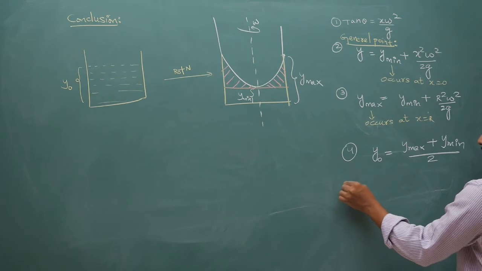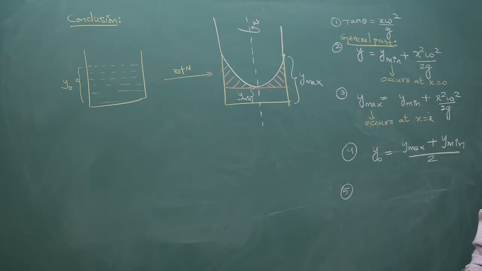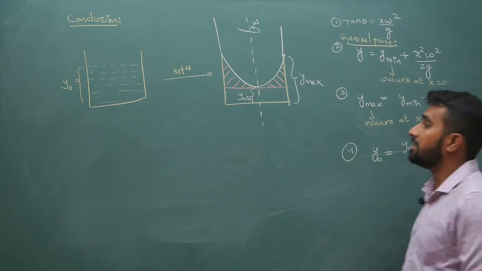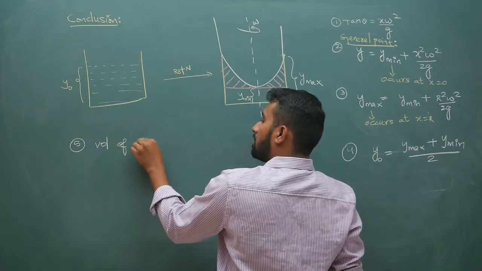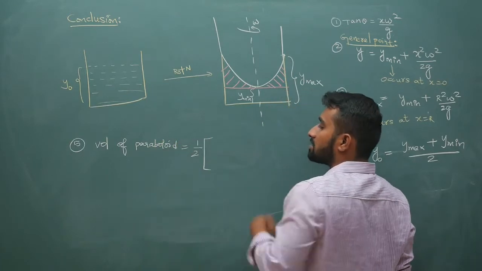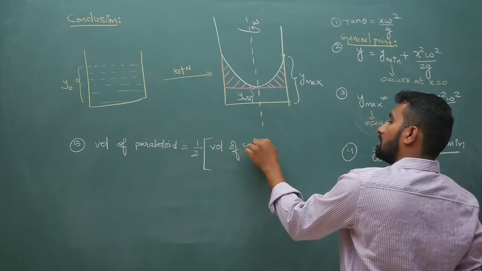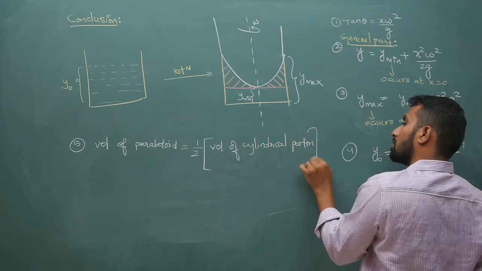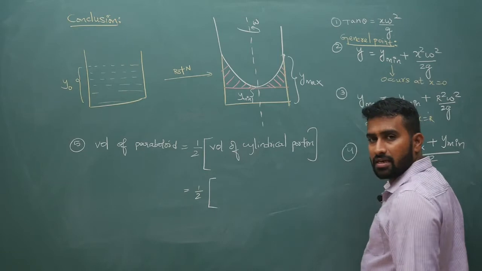Then your fifth important relation is that the volume of the paraboloid is half of the volume of the cylindrical portion.